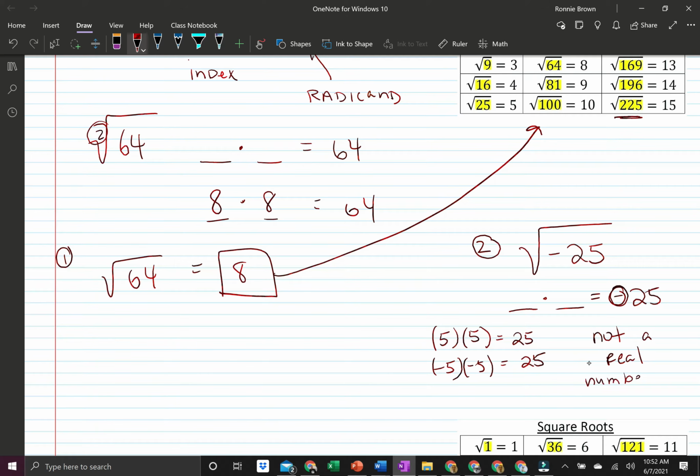Later on, we would learn about imaginary numbers, and then we would get an answer of 5i. But at this point, we may not be there yet if we're just being introduced to radicals, so we would say not a real number and move on from there.